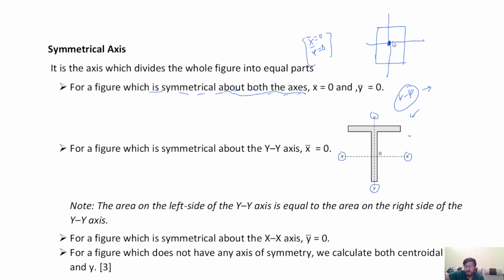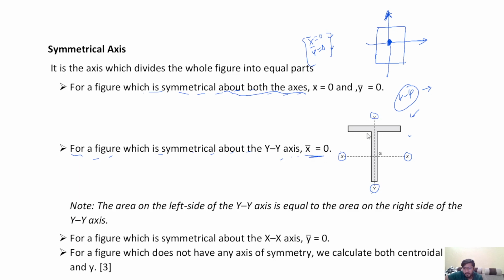This is the centroid of this rectangle, and x bar is equal to 0 and y bar is equal to 0. It means if the reference axes are taken from here, then you can say x bar is equal to 0 and y bar is equal to 0. In the same way, for a figure which is symmetrical about the y axis, x bar is equal to 0.